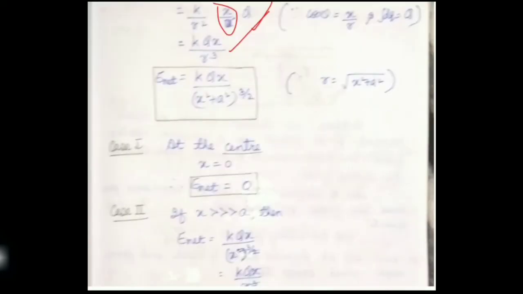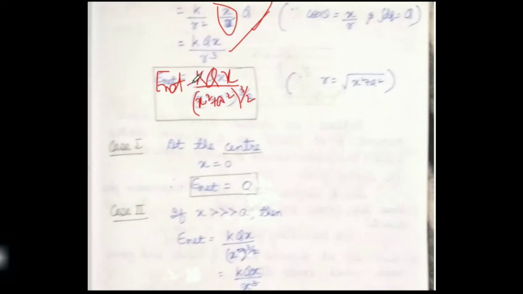So the final equation becomes E net equals K Q x by (x square plus a square) to the power 3 by 2, right? This is the final expression for the electric field due to a uniformly charged ring.